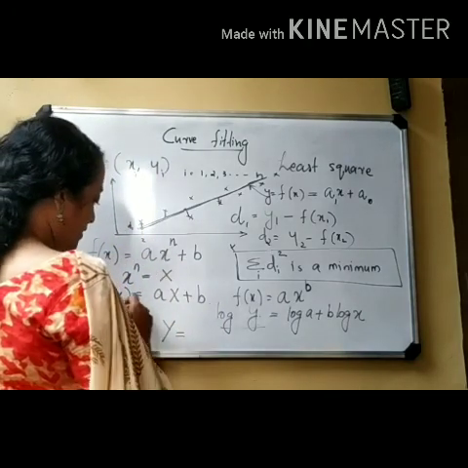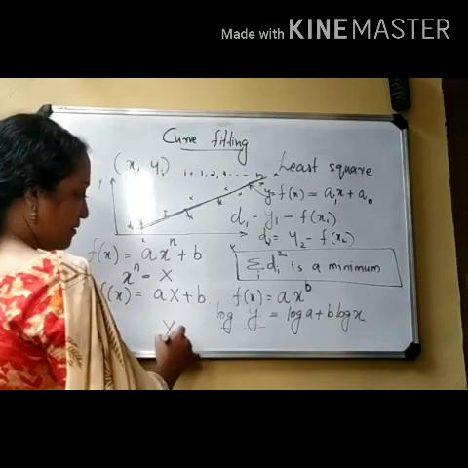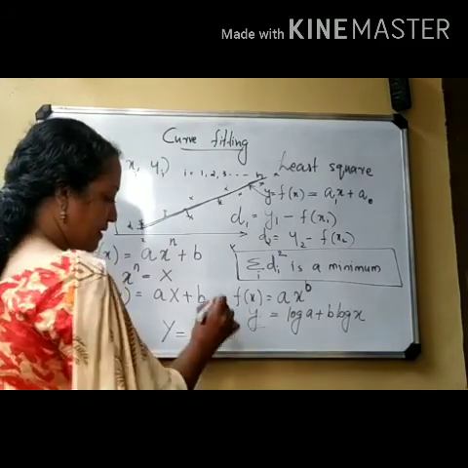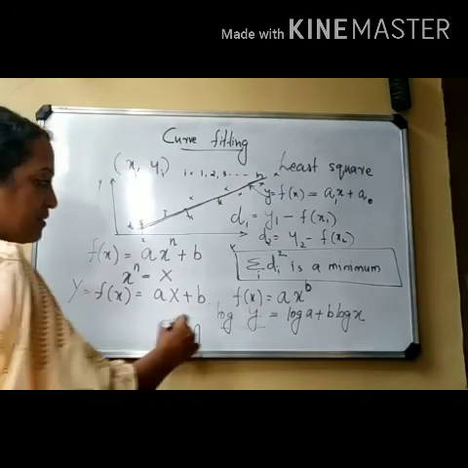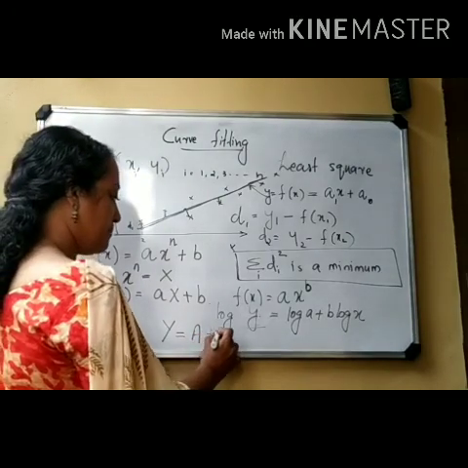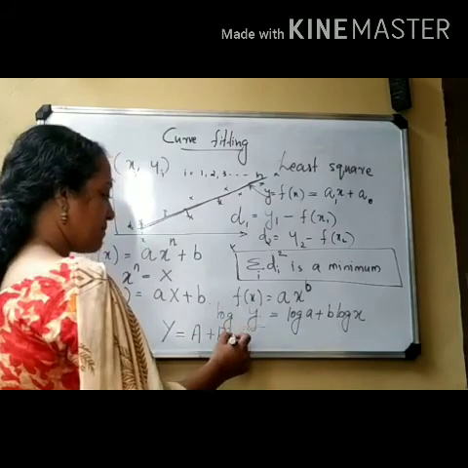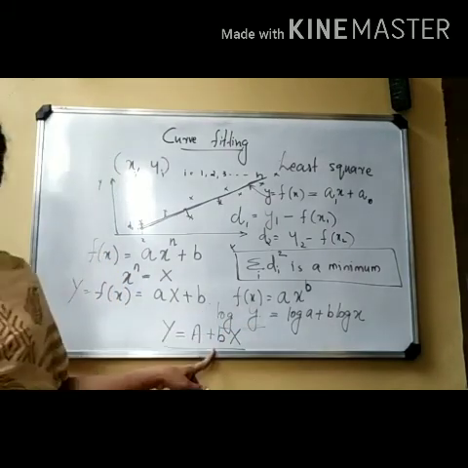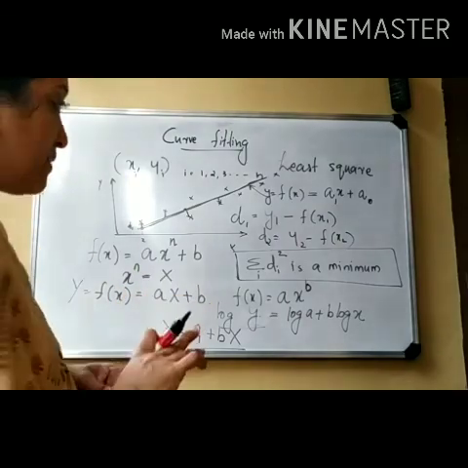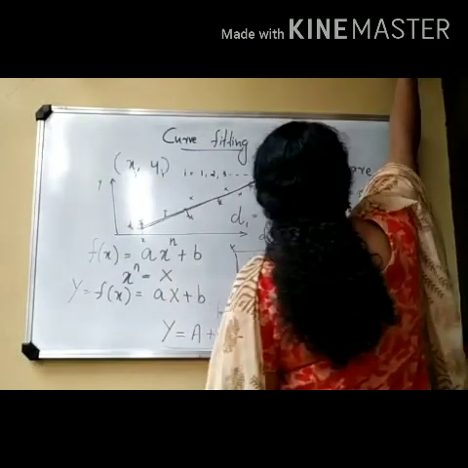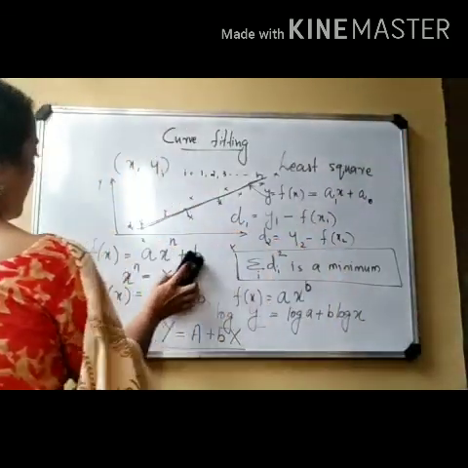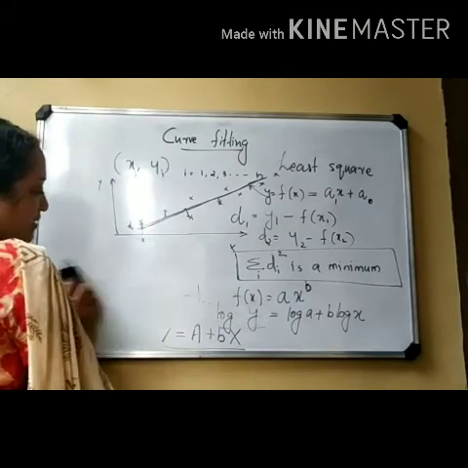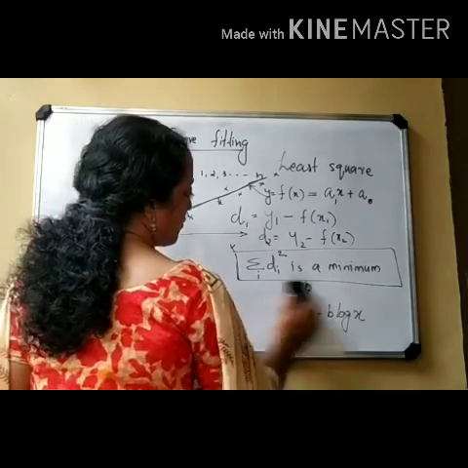Y is equal to log a, we can write it as another constant a, plus b log x. Here also this has become linear. So here we will be discussing linear least square interpolation. Now we can derive the formula corresponding to that.